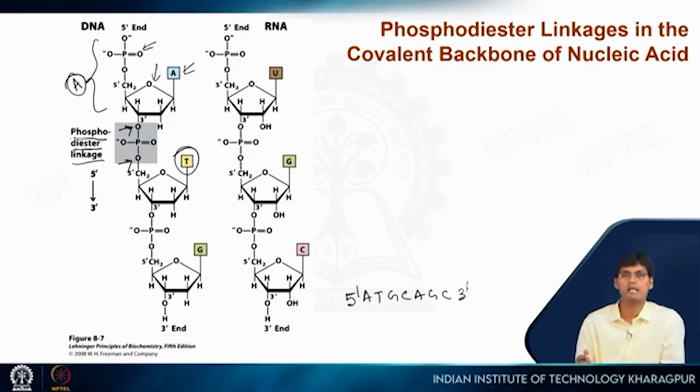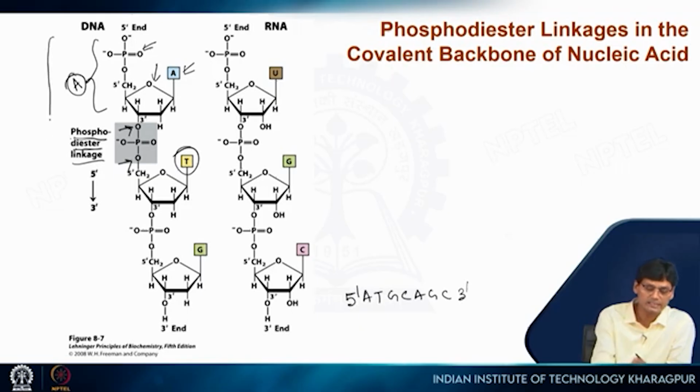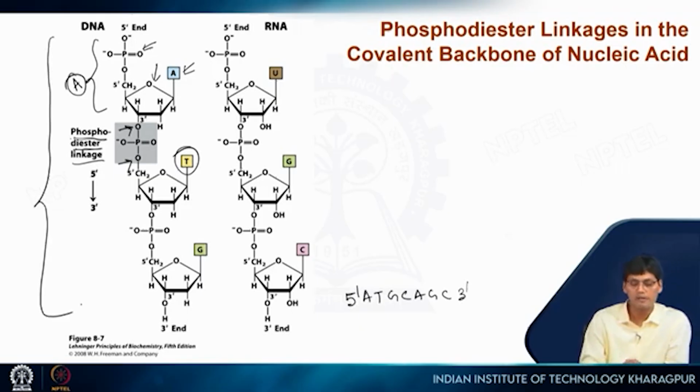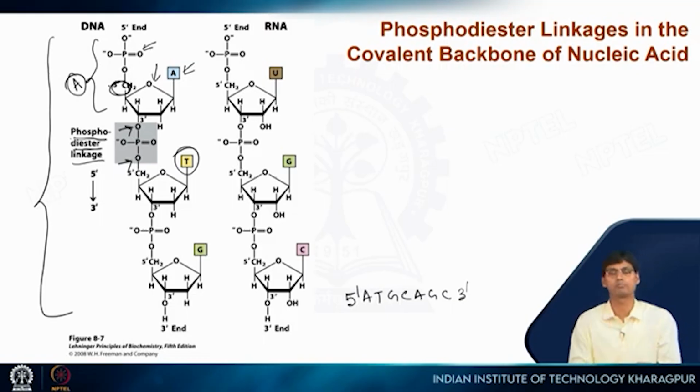So then what is 5 prime and 3 prime? If you see in this DNA sequence, at the 5 prime end, that means the top end, the 5 prime carbon of this pentose sugar is attached to the phosphate group.